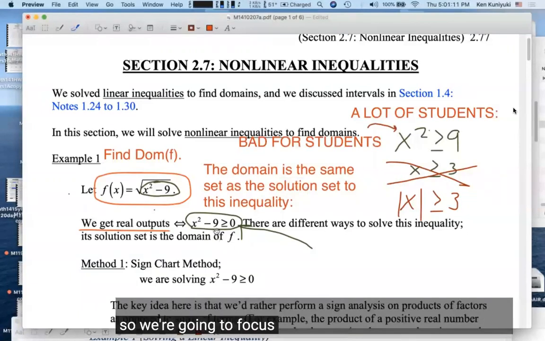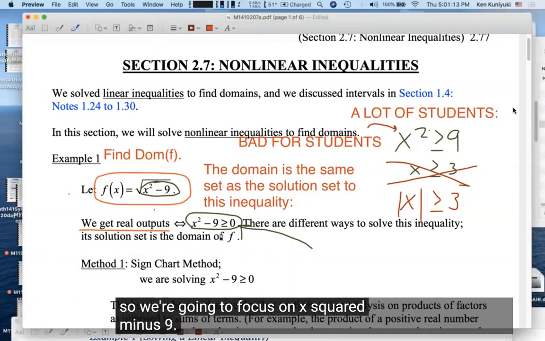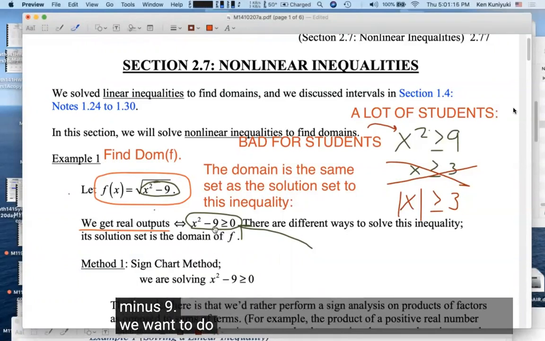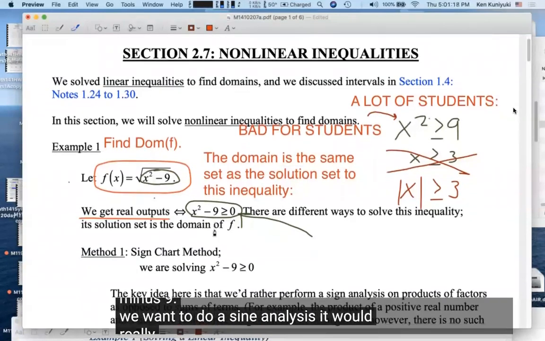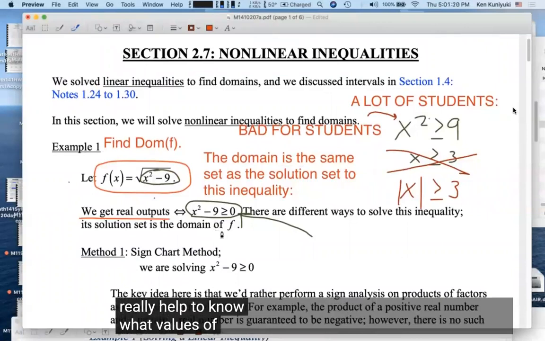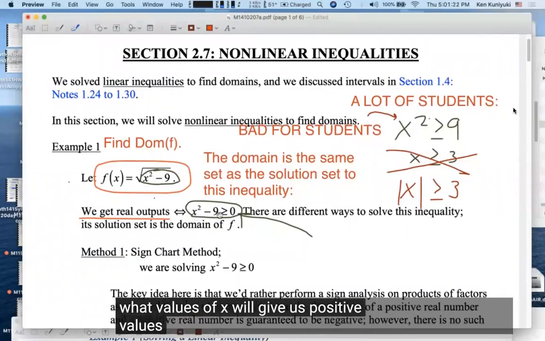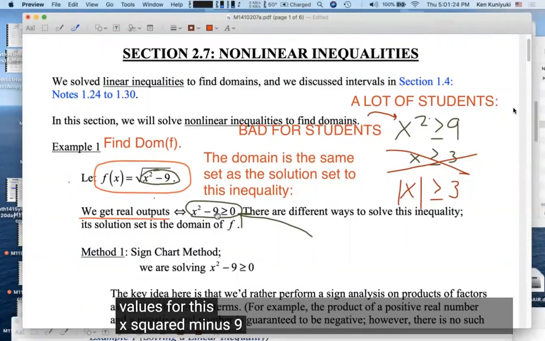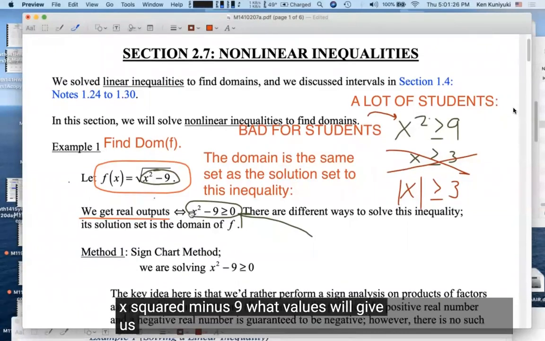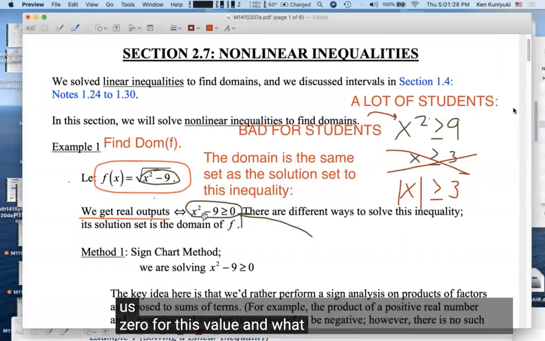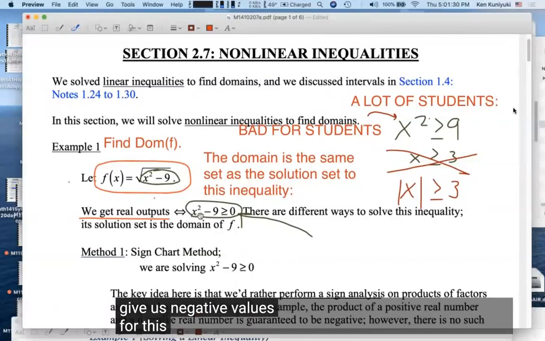So we're going to focus on x squared minus 9. We want to do a sign analysis. It would really help to know what values of x will give us positive values for x squared minus 9, what values will give us 0, and what values will give us negative values, even though those will not be in the solution set.